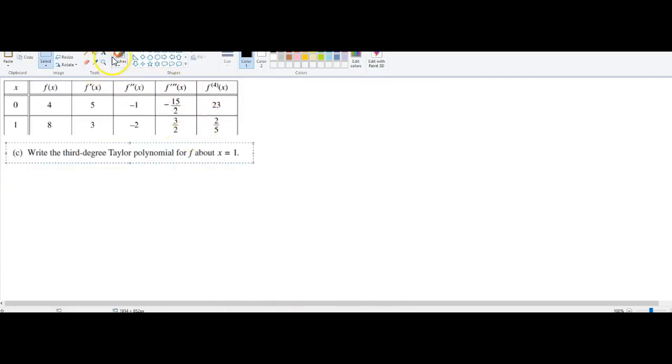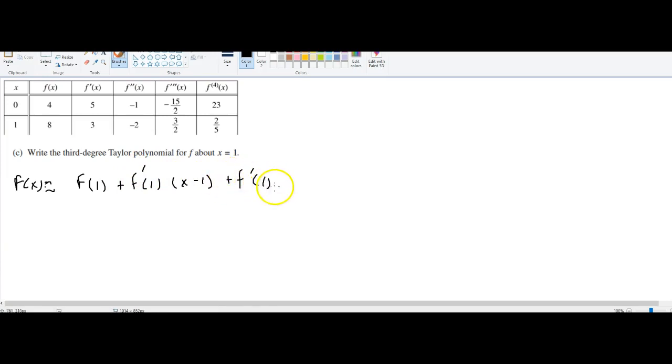All right. So next on our list, now we're going to use the one column. It says write a third degree polynomial for this. So f of x is approximately f of 1 plus f prime of 1 times x minus 1 plus f double prime at 1 times x minus 1 squared over 2 factorial plus dot dot dot.